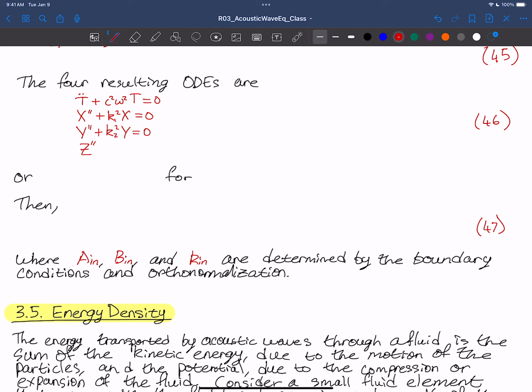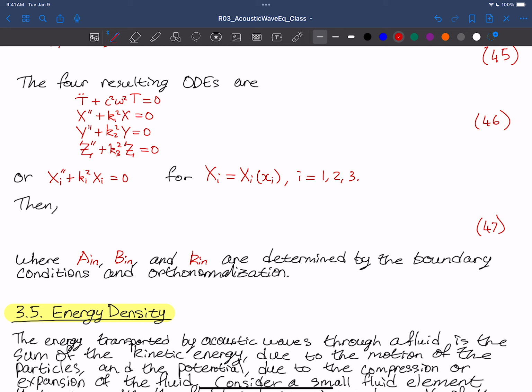And then Z double prime plus k3 squared times big Z equal to 0. Those are our 4 ODEs. Or if you want, you could write this as Xi double prime plus ki squared Xi equal to 0, for Xi being equal to big Xi, which is a function of little xi, true for i equals 1, 2, and 3.